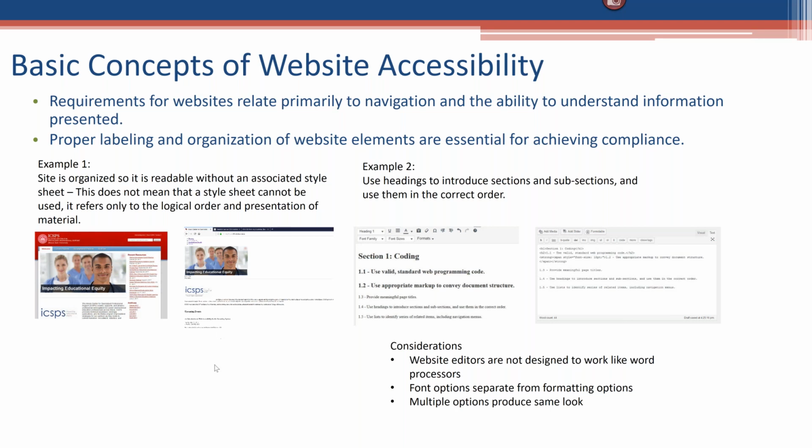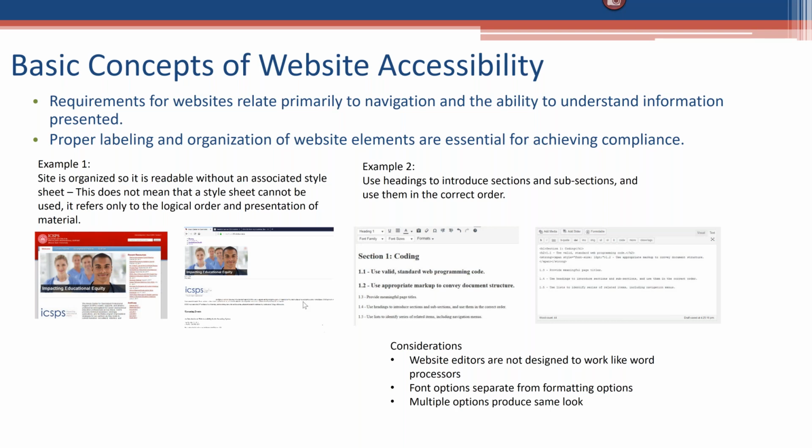And if I had included more of this picture, we'd scroll down and we'd get to the other pieces of information in the site, including our archived resources, our larger monthly archives, and our search feature. All of that can be navigated and understood in a logical order, despite the style sheet that is associated with it and the way it's broken up for users who are not using assistive technology.